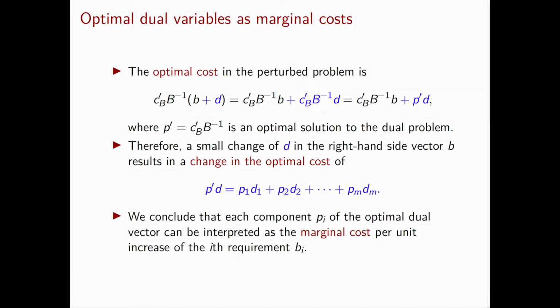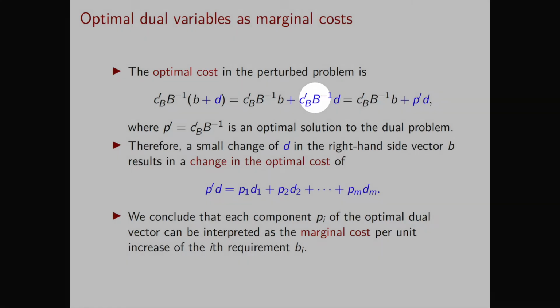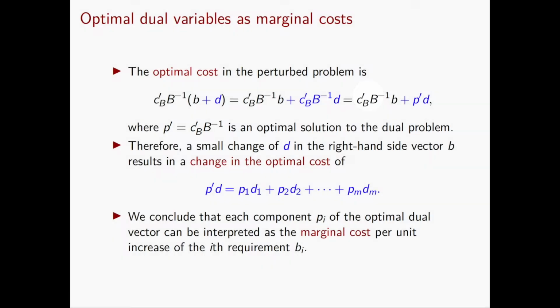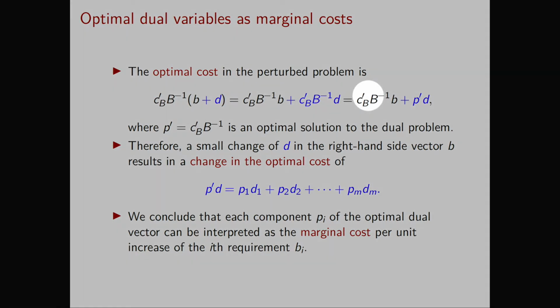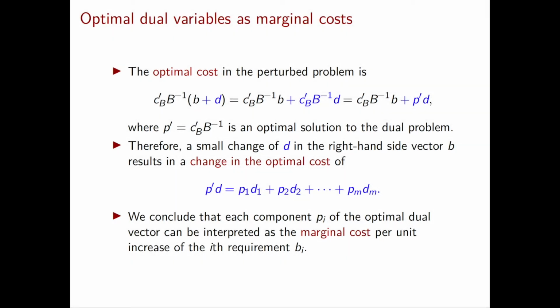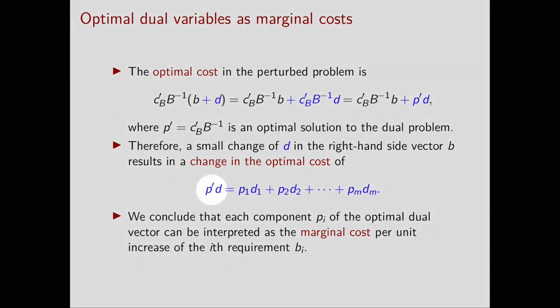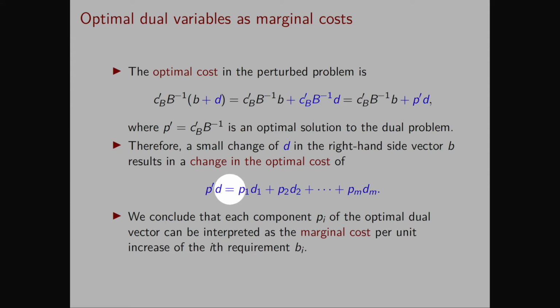In the second term, we have cB transpose B inverse, which is an optimal solution to the dual problem that we're going to call p. So we obtain that the optimal cost in the perturbed problem is the optimal cost in the original problem plus p transpose d. So the overall change in the optimal cost from the original problem to the perturbed one is exactly p transpose d, which is p1d1 plus p2d2 and so on until pmdm.